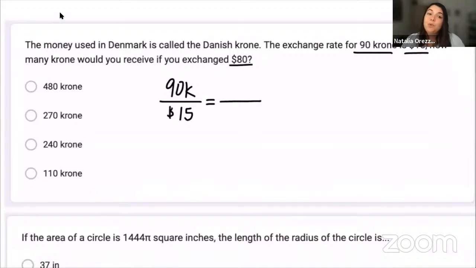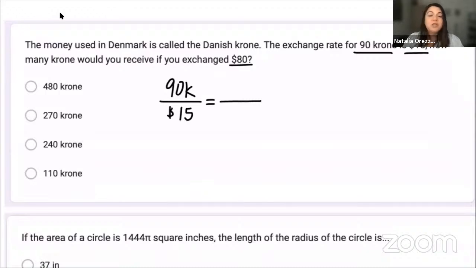Now, this is the rule with this kind of equation. Because we are comparing the krone and the dollars in this order in one fraction, in the second fraction, it has to be the same thing. So if I put the krone on the top, then in the second fraction, the krone has to be on the top.